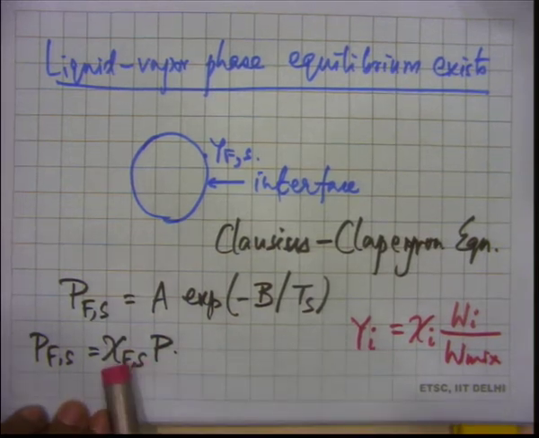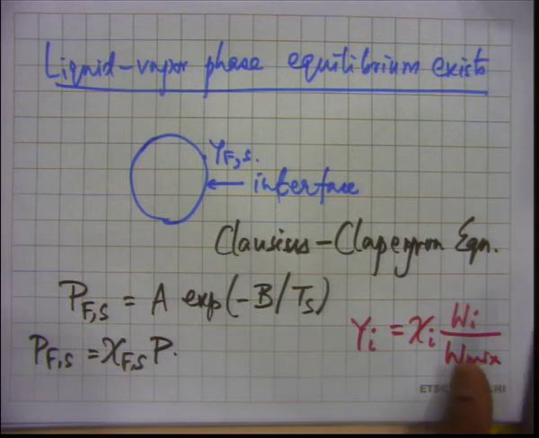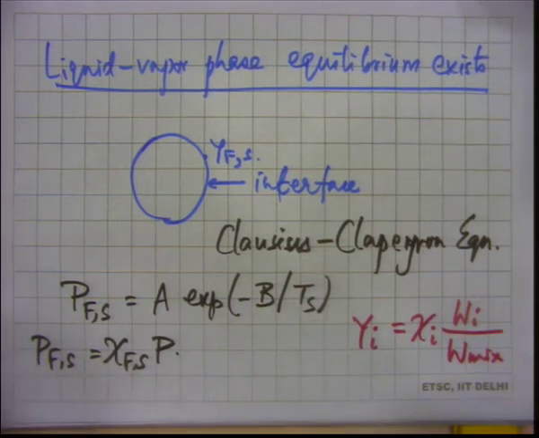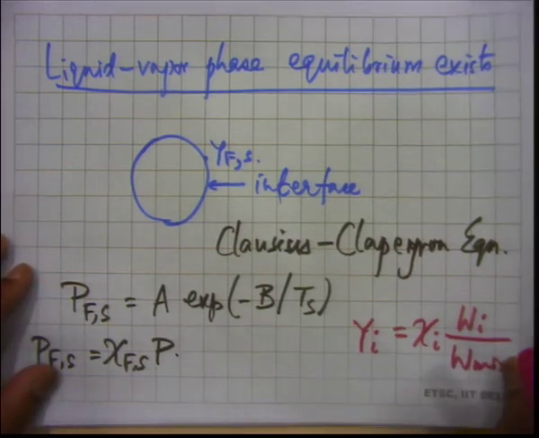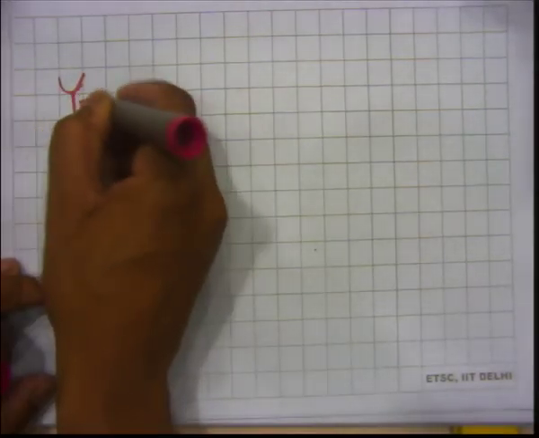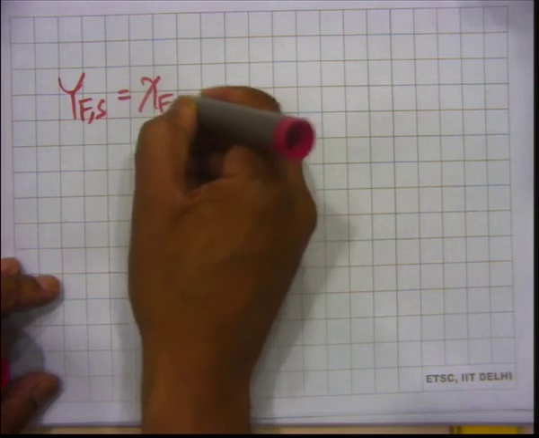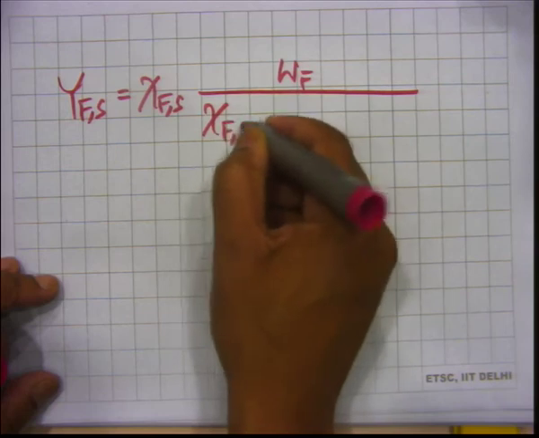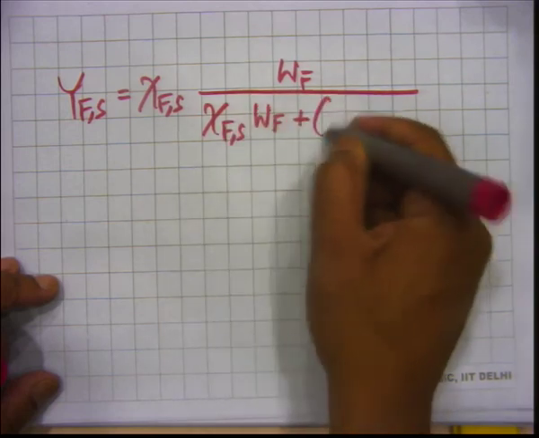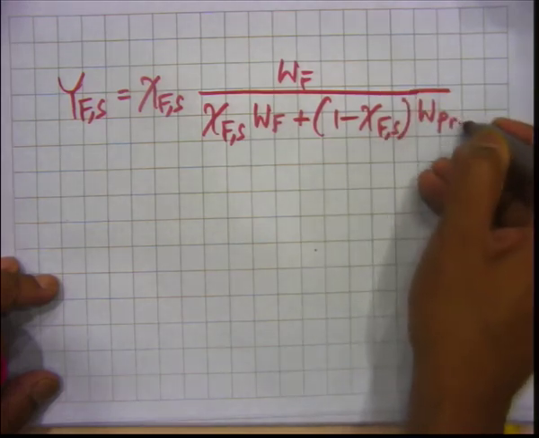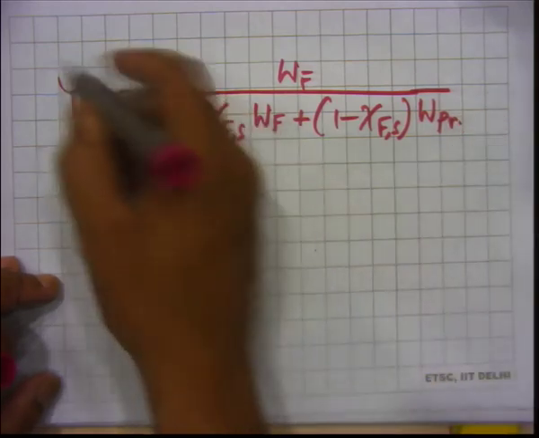So if we do all of that, then we will be able to get an expression where YFS and TS are related by one expression, using Clausius-Clapeyron. So again, a little bit of work. After a little bit of work, you can show that YFS is, again you can verify.